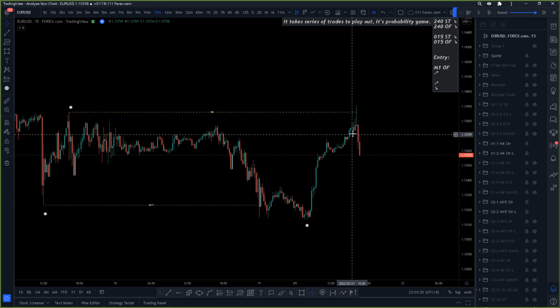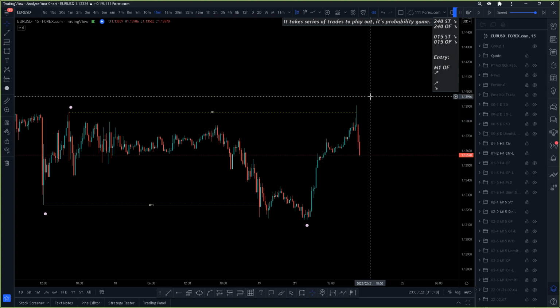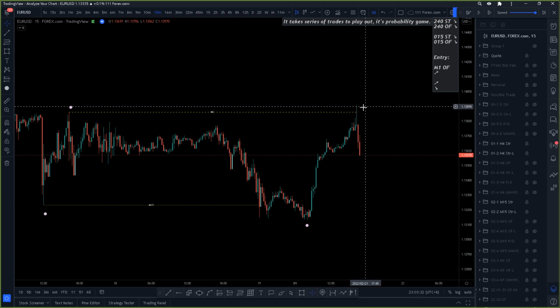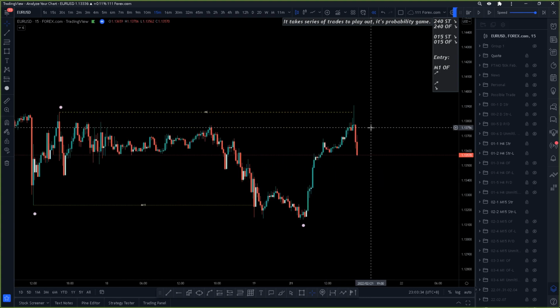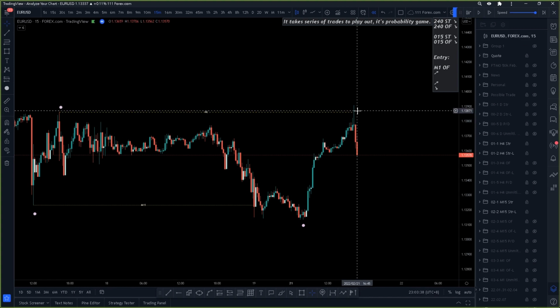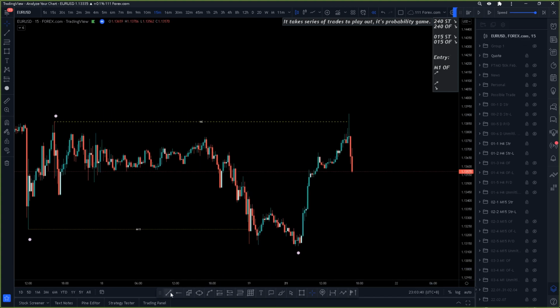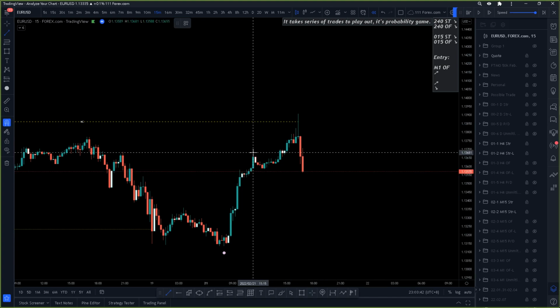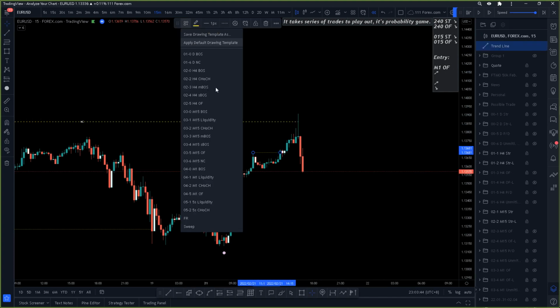Because the price hasn't closed below, I can't really look for reversal, right? According to my structure POV. So change of character.